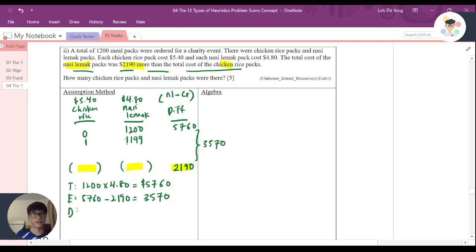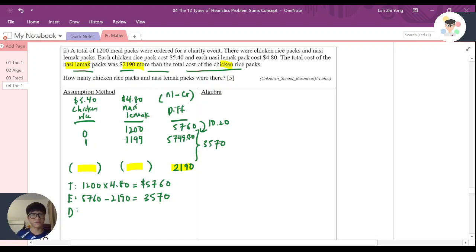If you press on the calculator, 1,199 times 4.80 plus 1 times 5.40, you will find it's 5,749.80, so it decreases by 10.20.